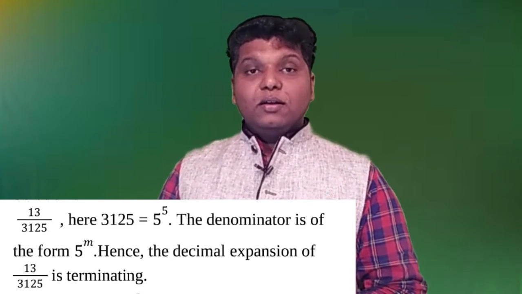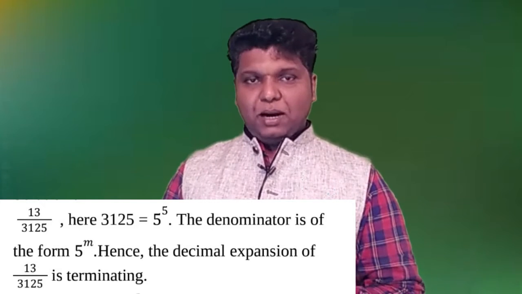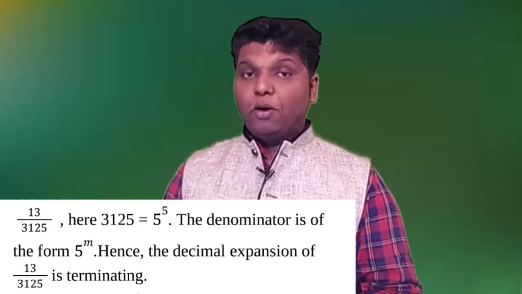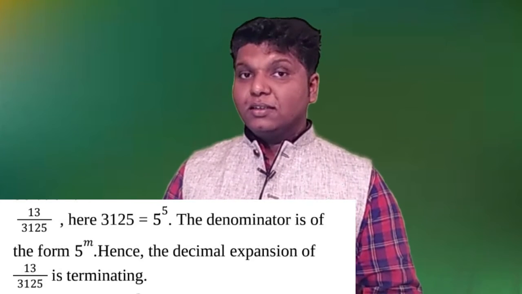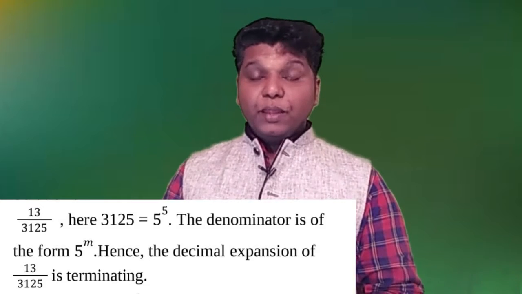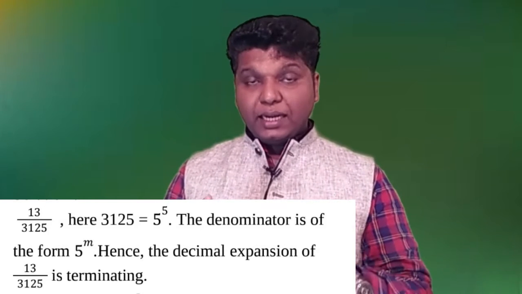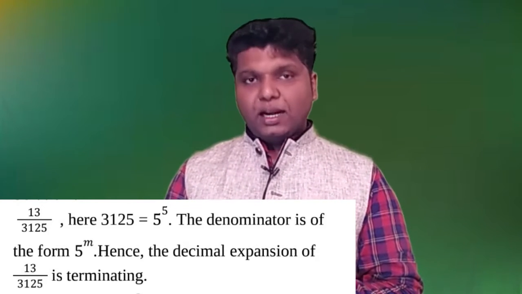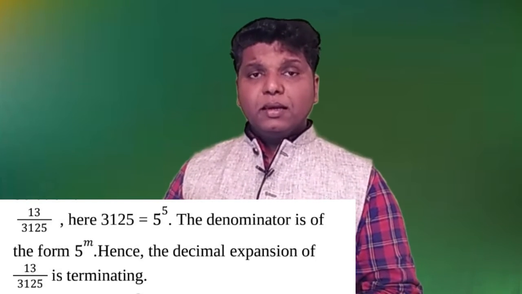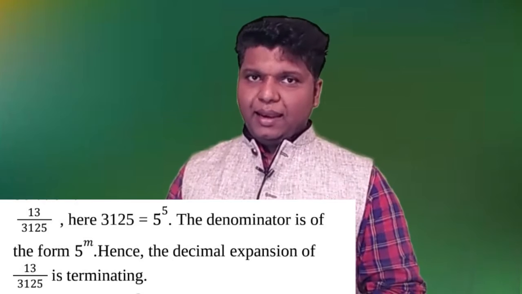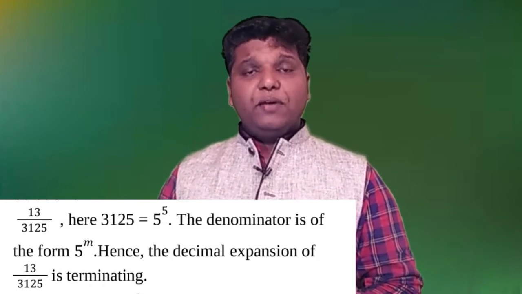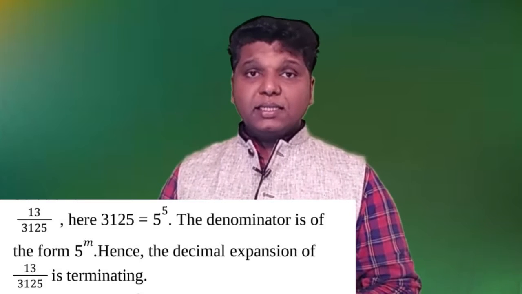So the denominator part can be expressed in the form of what? 5 raised to the power m. I told you, if you take the denominator of a fraction and it can be expressed in the form 2 raised to m into 5 raised to n, or simply 2 raised to m or 5 raised to m, then we can say it is terminating.